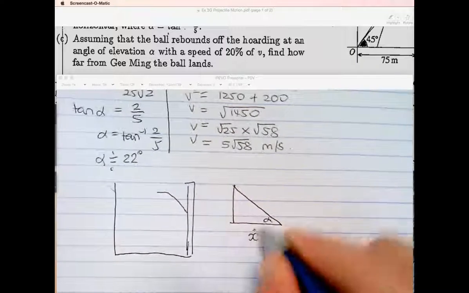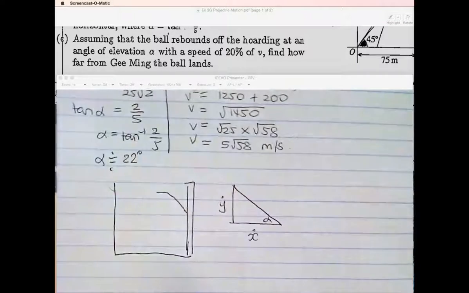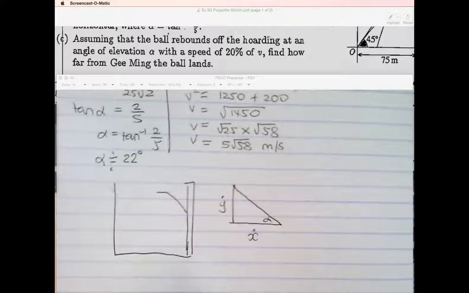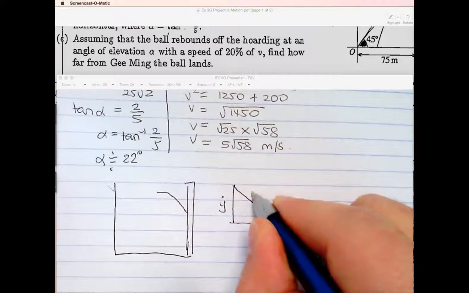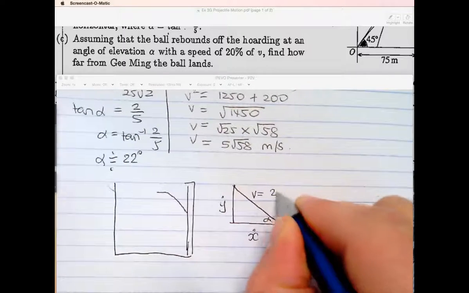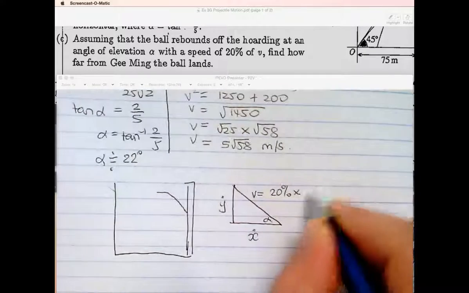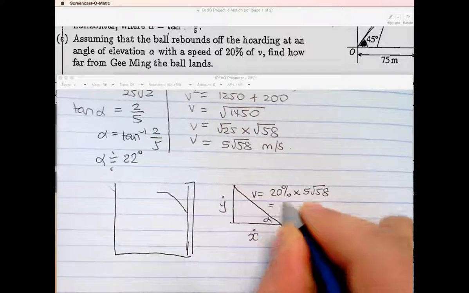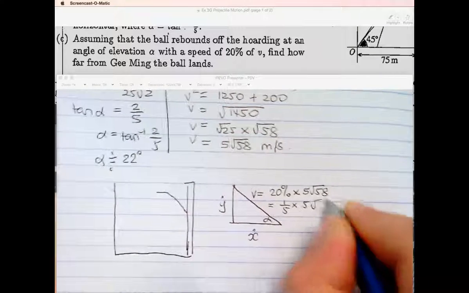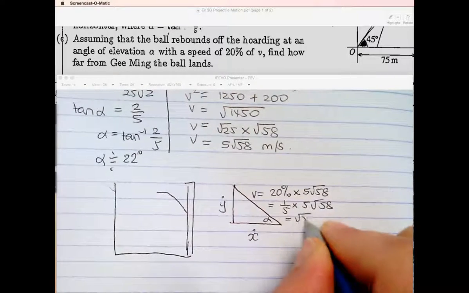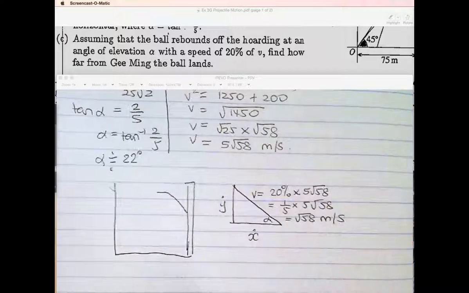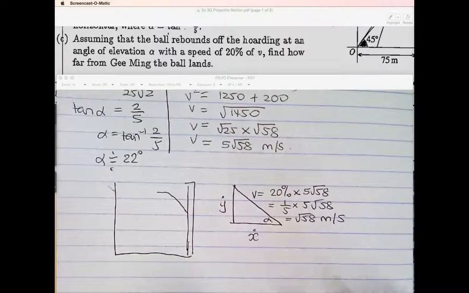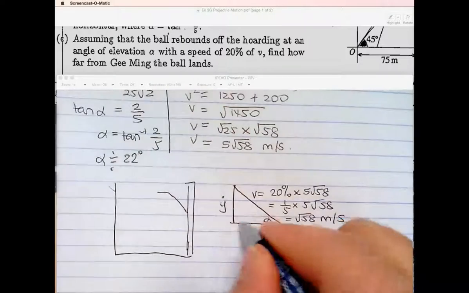Again, we've got an x dot and we've got a y dot. Now, what's V equal to? Isn't it 20% of 5 root 58, which is 1/5 of 5 root 58, which is root 58 meters per second. So we've got a right angle triangle with the hypotenuse root 58.